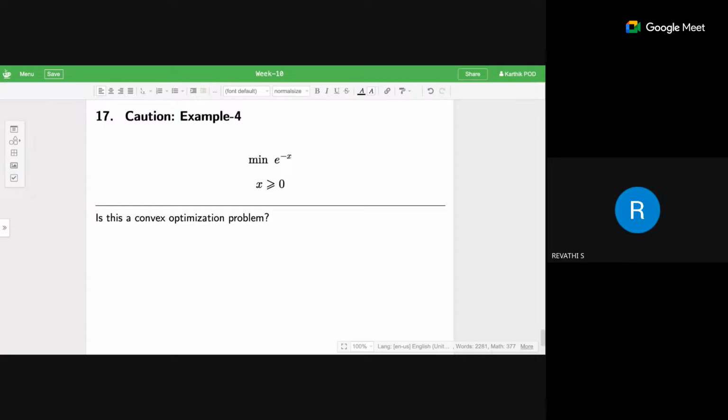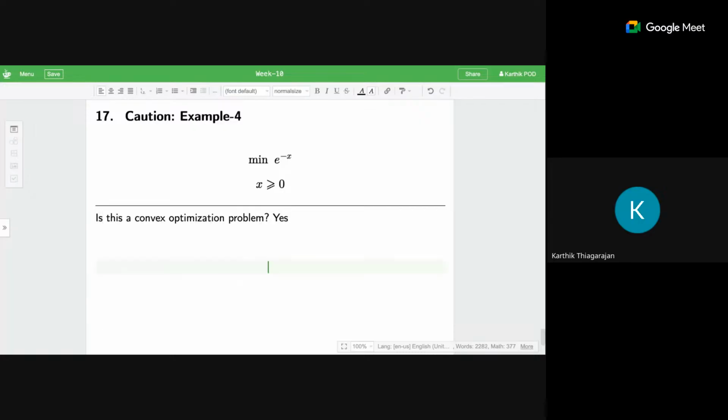No. Why do you feel that way? Because e power x is convex, but negative of it is concave. Correct, but that negative of e power x will be minus e power x, right? So this is e power minus x. So this is also convex.